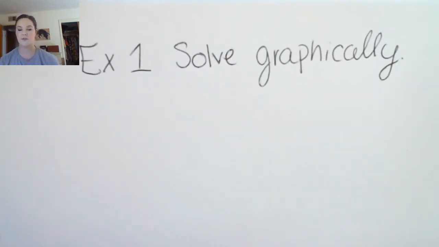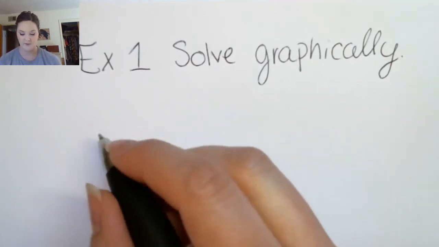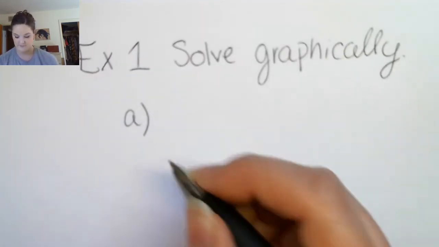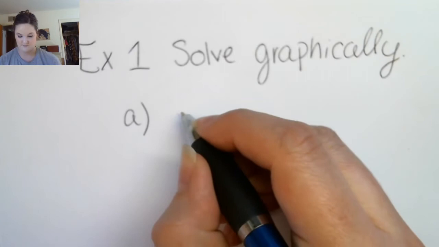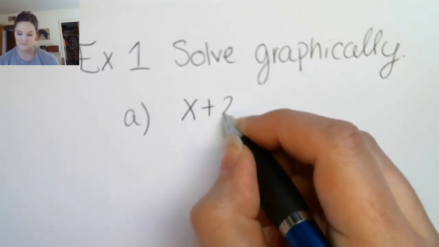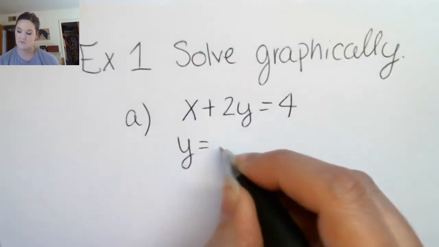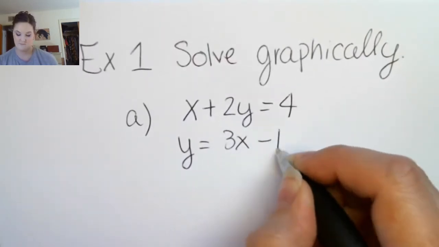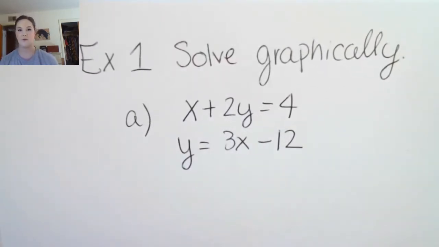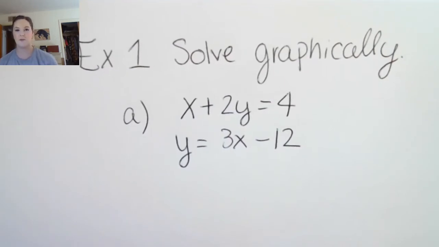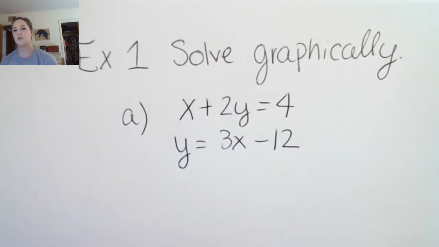Okay, so in the first example, we're going to solve using a graph. So if we're going to solve using a graph, we need to just graph these two things.